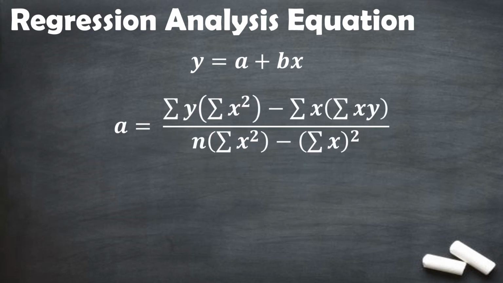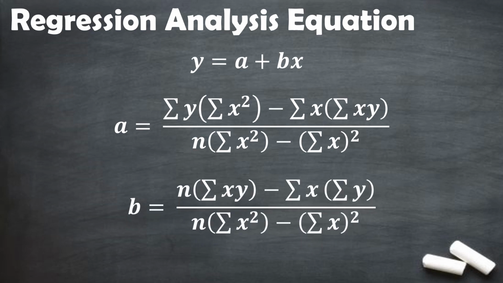So for the intercept, or for letter a, the formula is the summation of y multiplied by the summation of x squared minus the summation of x multiplied by the summation of xy, all over n multiplied by the summation of x squared minus the summation of x, squared.